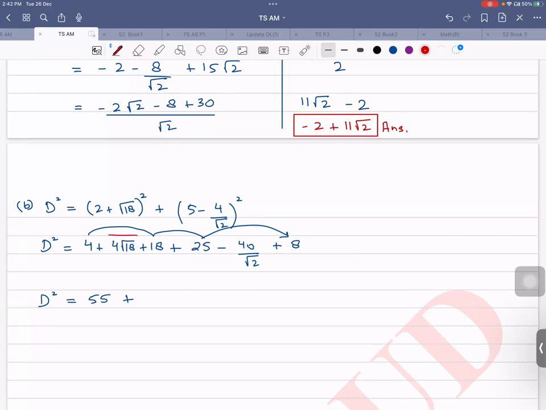I've already told you how to simplify this. It would be 12 square root 2.